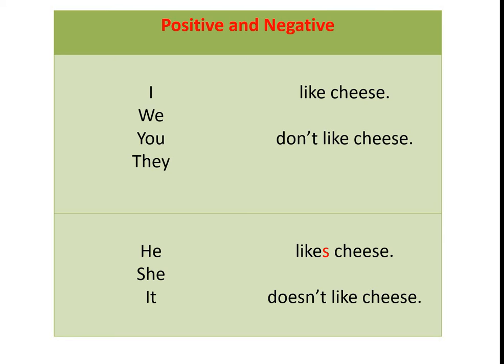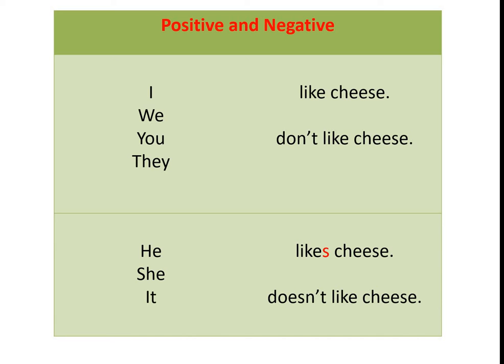Alright? If I want to make a negative sentence, I have to use do and does as a helping verb. So here we use do not or does not, don't, doesn't.